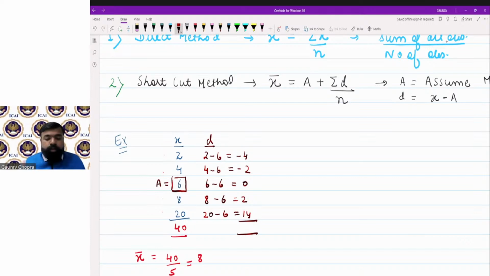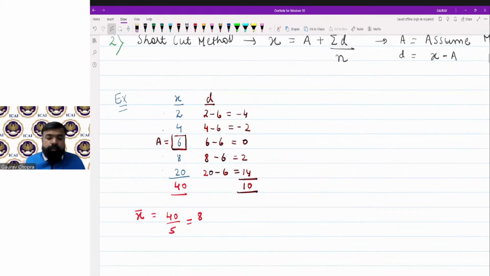How much is the total? 10. Now according to the formula, x bar is equal to the assumed mean, which we have taken as 6, plus sigma d, the total of deviation, 10, divided by the number of observations. So what is the result? 6 plus 2, that is 8. So both methods are giving the same result. So the arithmetic mean is equal to 8.